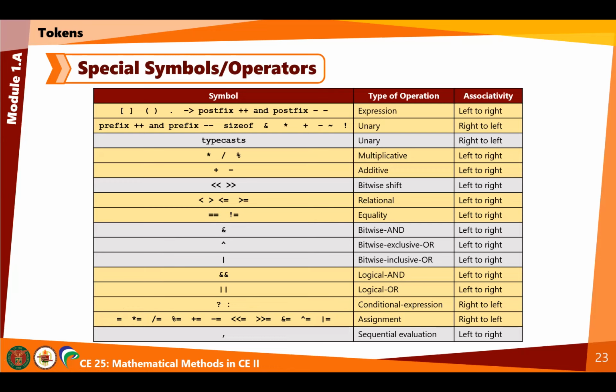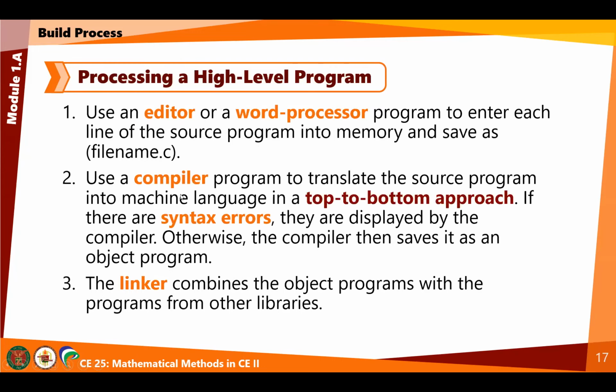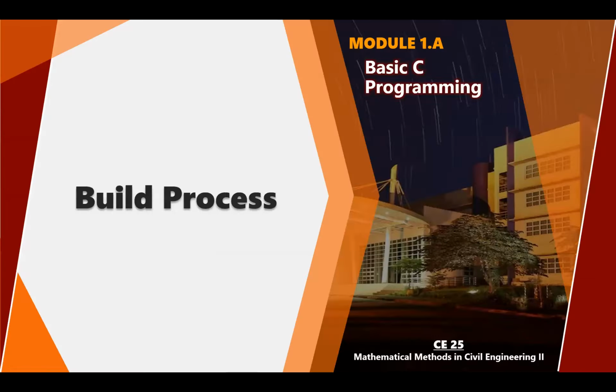In C, you use this double equal sign if you want to check for equality. Like what we did kanina. Sige, I will show you later. And then single equal sign if you want to assign something. So let's go back to yung mga programs kanina.